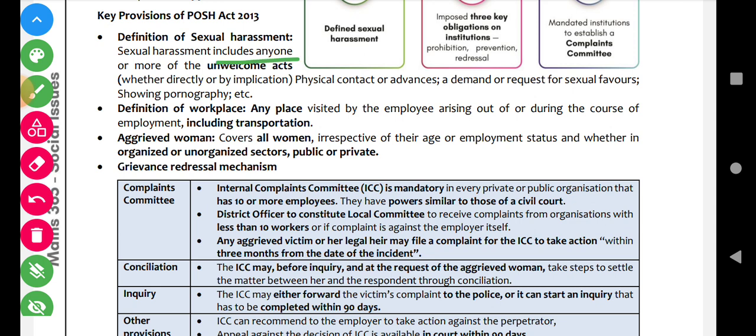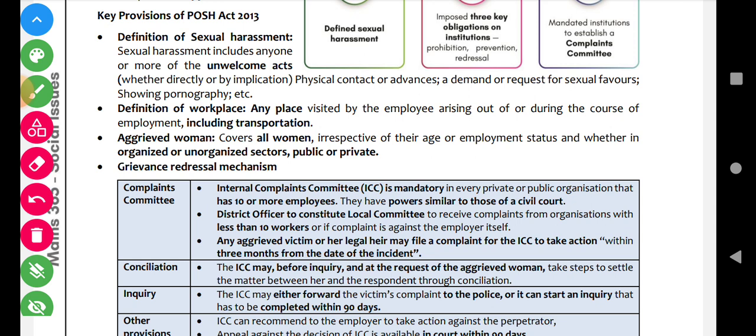Sexual harassment includes any one or more of these unwelcome acts, whether directly or by implication: physical contact or advances, a demand or request for sexual favors, showing pornography, etc. So these are the characteristics under the definition of sexual harassment. In case any of these points happen, a sexual harassment case would be charged against the convicted person.